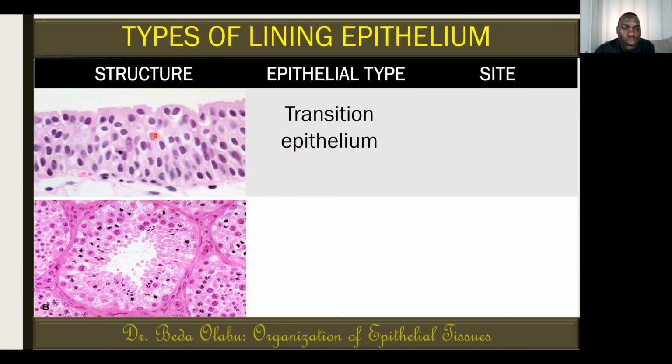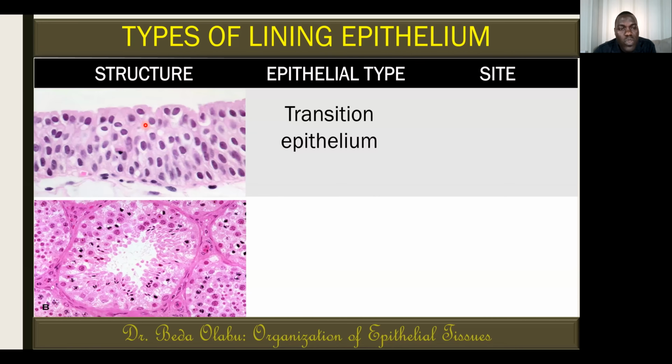But at some point, it could be 3 nuclear layers. So there is this transition in the number of nuclear layers, 3 to 7. They're all stratified, whether it's 3 or 7. But there's also transition based on the shape of the cells on top. Sometimes they could be columnar, sometimes squamous, sometimes cuboidal. Rarely will you find squamous on a light microscope.